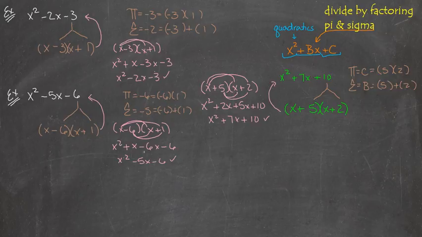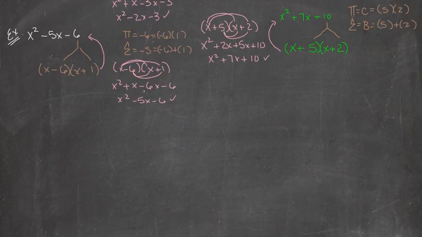All right, so you're going to get a lot of chances to practice factoring quadratics using the pi and sigma method. But remember, the whole point is so that we can do division by factoring. So let's do a division problem. Let's divide x squared plus 9x plus 14, and we're going to divide it by x plus 7.